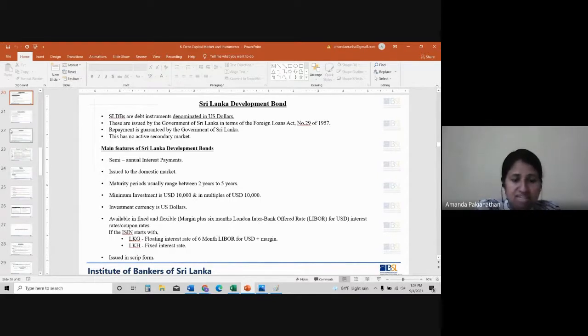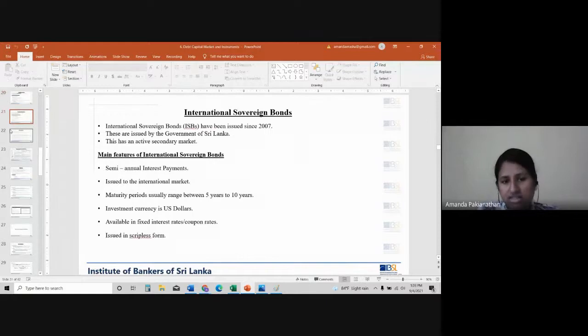However, there were several differences that we noted. The main and significant difference being Sri Lanka Development Bond targets the domestic market. International Sovereign Bond targets the foreign or the international market. Okay, that's the heart where the two instruments actually differ.